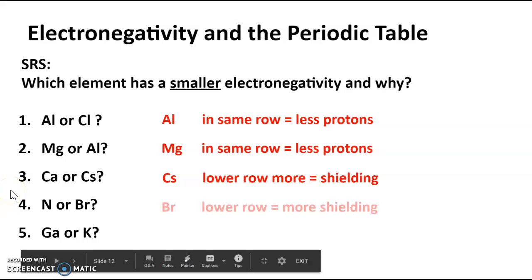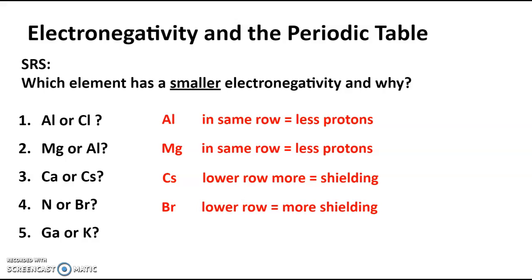Nitrogen or bromine. Bromine is in a lower row, and so it has more shielding, and so it's not as good at attracting electrons. And then lastly, we have gallium or potassium. Potassium is in the same row as gallium, but it has fewer protons. So gallium is stronger than potassium. Potassium has a smaller electronegativity.